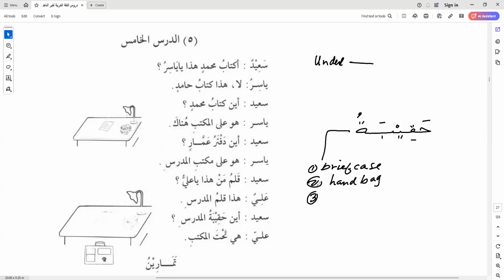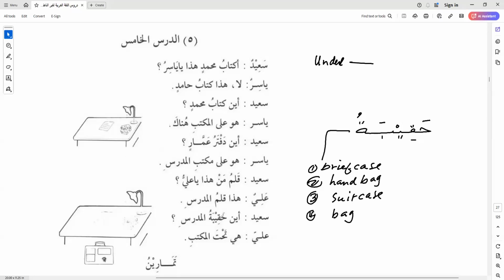You can call it a suitcase, haqiba. Or you can just call it a bag. Briefcase, handbag, suitcase, bag, haqiba. حقيبة is bag.